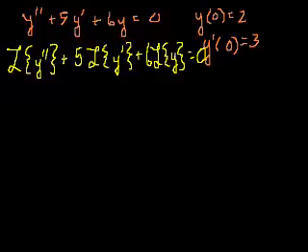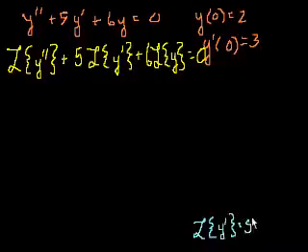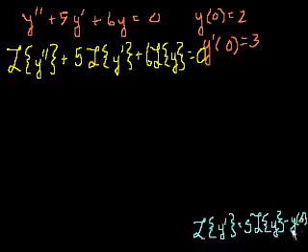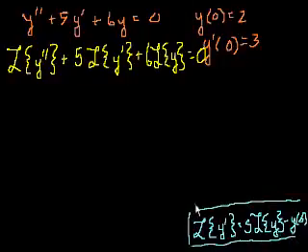We learned that the Laplace transform of f prime, or we could even say y prime, is equal to s times the Laplace transform of y minus y of 0. We proved that to you, and this is extremely important to know. So let's see if we can apply that.